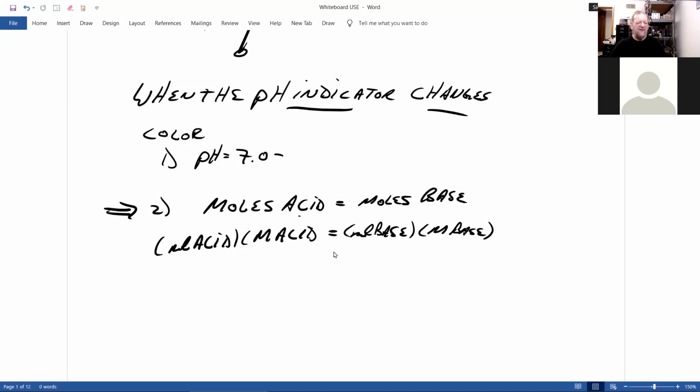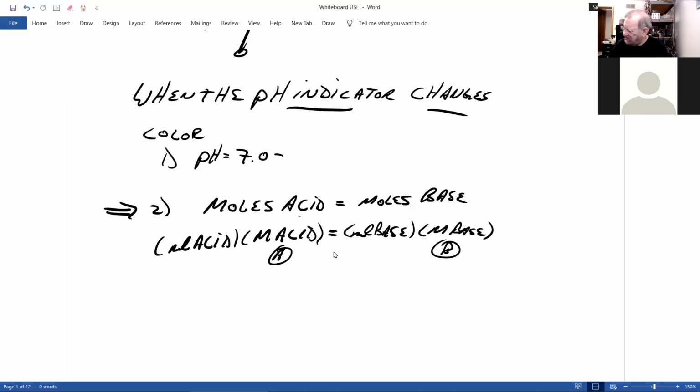And if I know three of these, and generally either, let's call it A or B, that's the creative, you'll know the milliliters on both sides, and you'll either know A or B. If you know A, you solve for B. If you know B, you solve for A. And that makes titrations very, very useful.